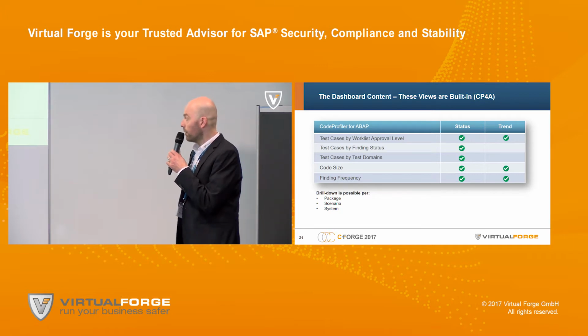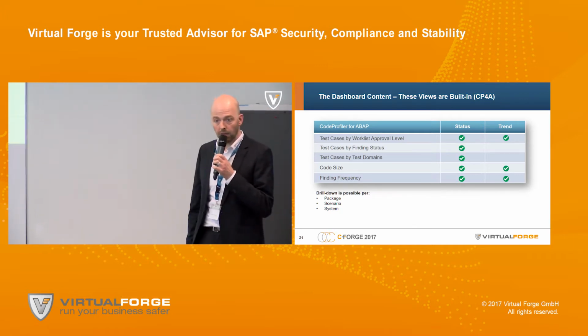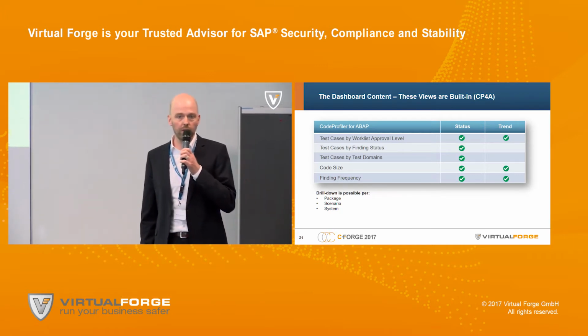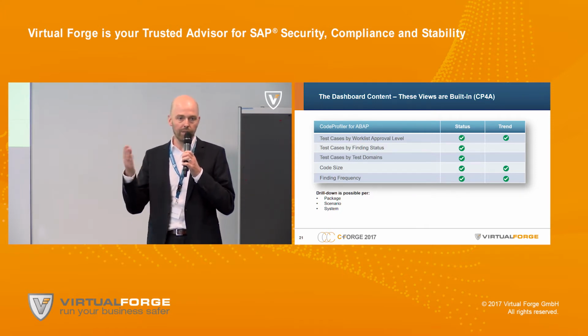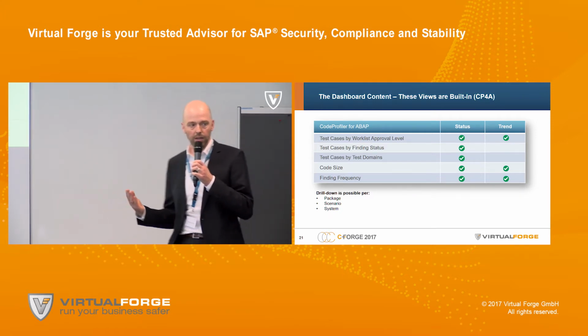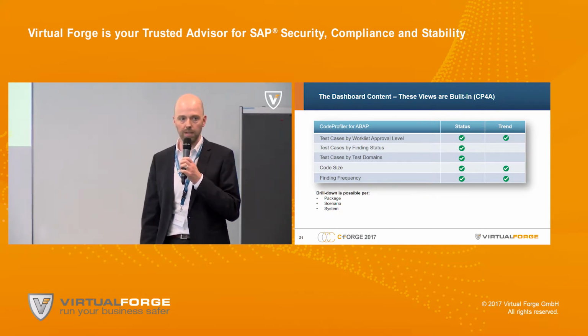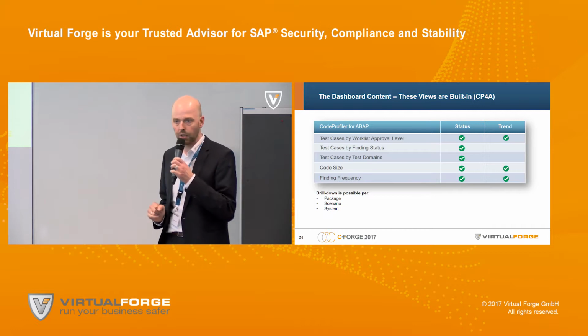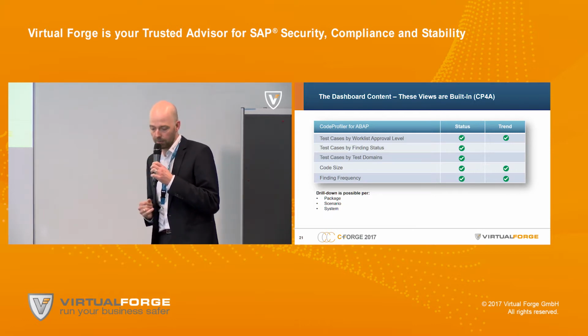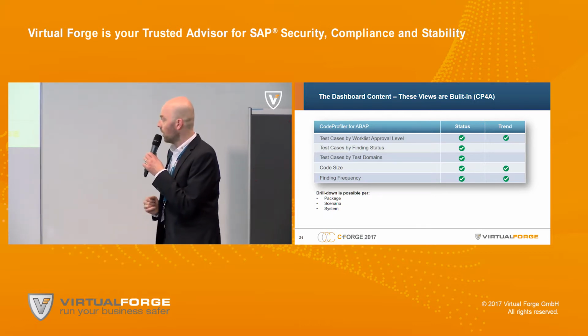Then we have an overview of the test cases by domain, which means, for example, you see I have 100 security findings, 50 compliance findings, and 1,000 in maintainability. So you get an idea in which areas you're doing well and which areas you're not.